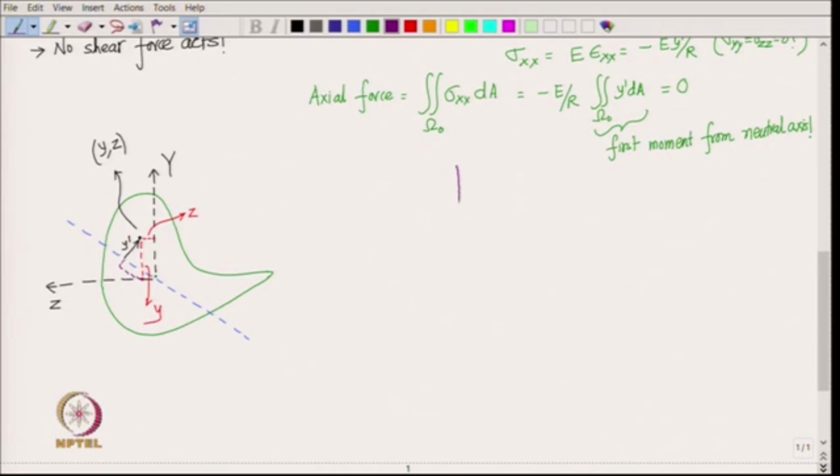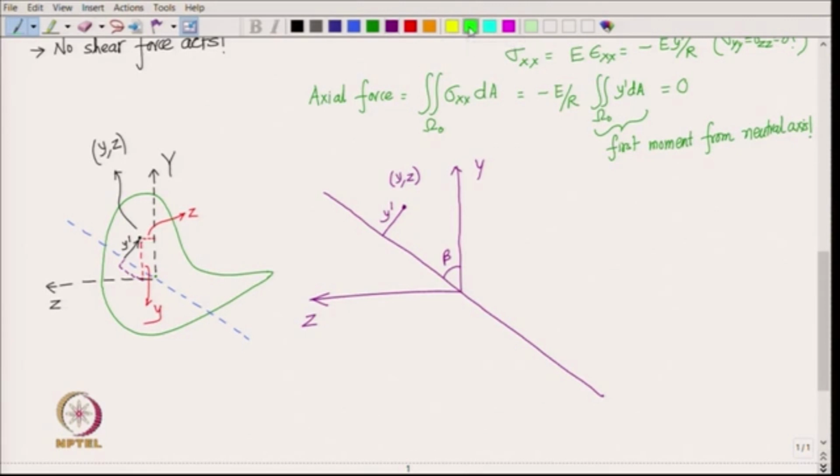So, we have y axis, z axis, and then the neutral axis is here, and suppose that it makes an angle beta from the y axis, and any point has got its coordinate y comma z, and the distance from the neutral axis is y prime.